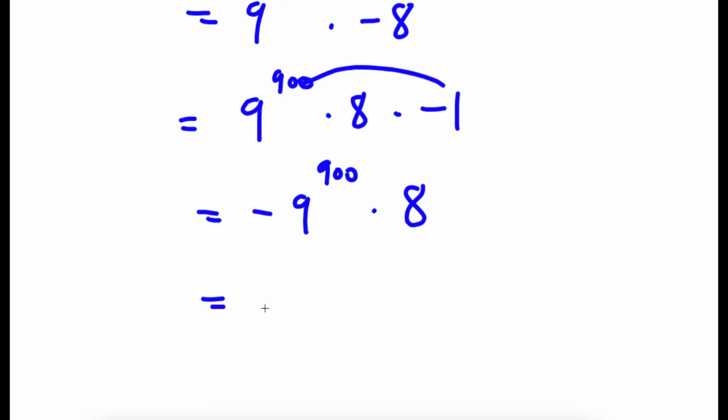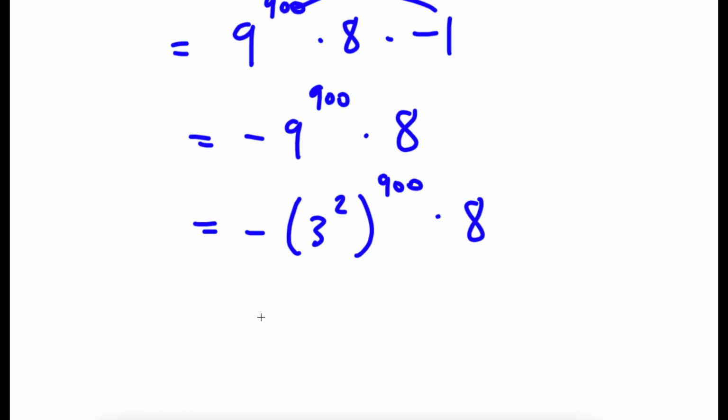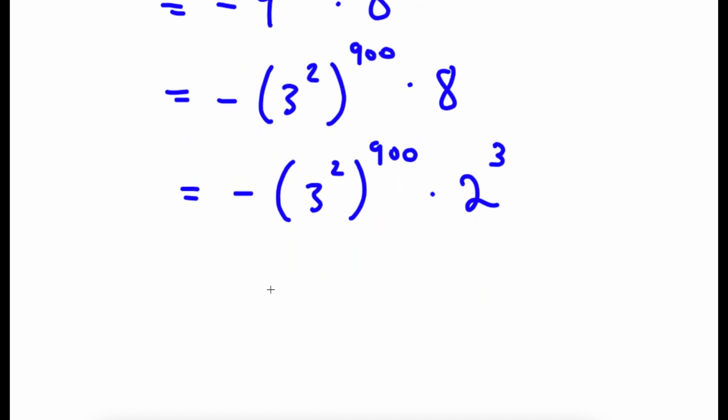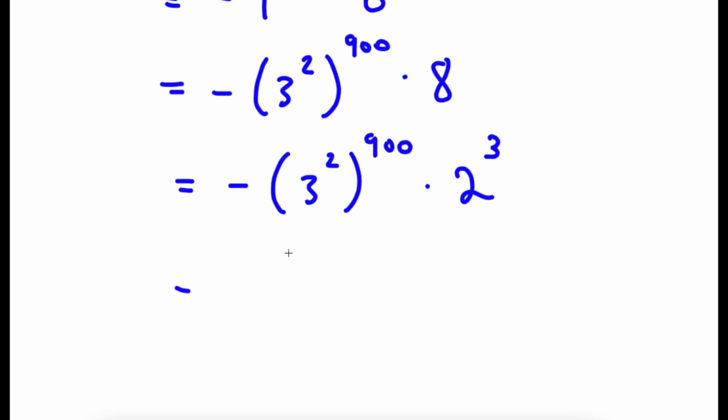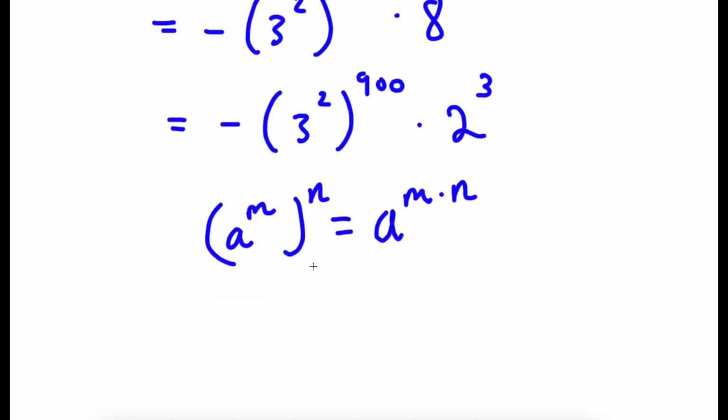Now, 9 is equal to 3 squared, so I have negative 3 squared to the power of 900 times 8. Now 8 is the same thing as 2 to the power of 3, so I have negative 3 squared to the power of 900 times 2 to the power of 3. So now if I have something in the form a to the power of m to the power of n, this is equal to a to the power of m times n.